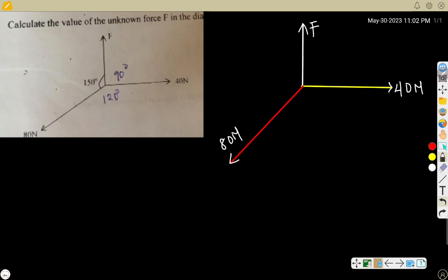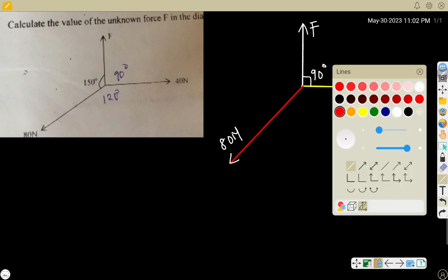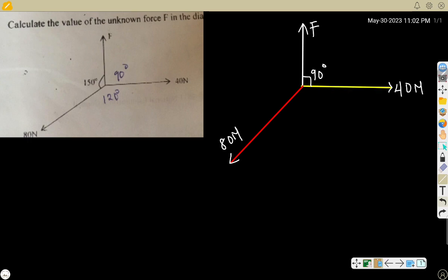So we know here is 90 degrees. That means it's perpendicular to each other. So now see the way I'll move the force. For the first force, view it this way.